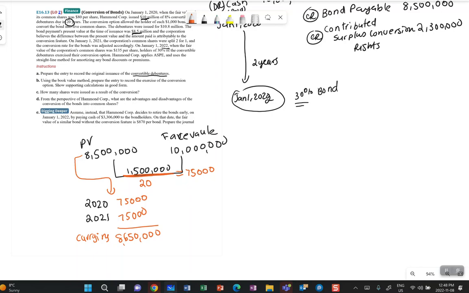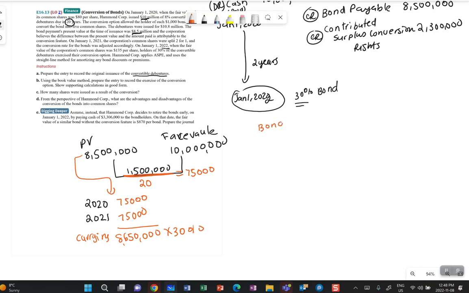We're not retiring 100%, we're only retiring 30% of the bond. So the first thing you're going to do is multiply by 30%. That will give me bond payable.